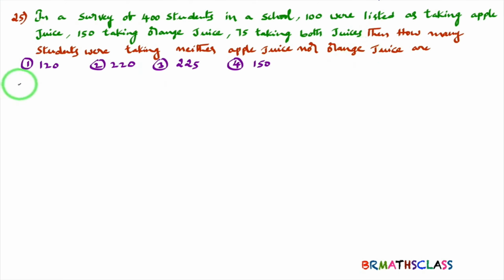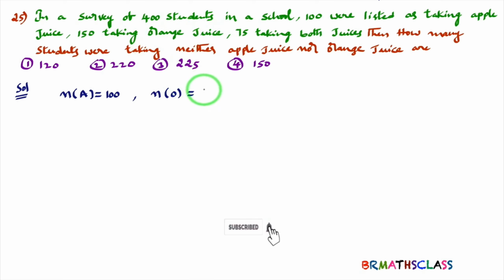First, I'll write the given information. Number of students who take apple juice, 100. What is N of A? Number of students who are taking apple juice. And number of students who are taking orange juice, I'll take it as N of O. 150 students are taking orange juice. Good. 75 students are taking both, N of A intersection O. They are given as 75.